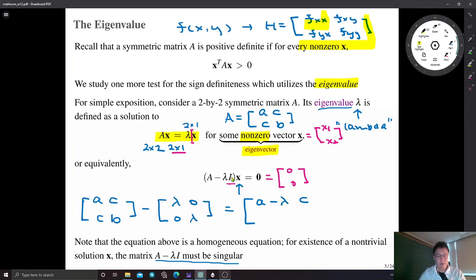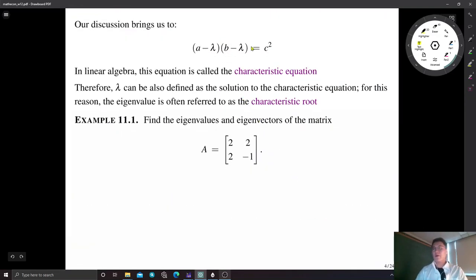In the second row, I have C and B minus lambda. To repeat, the determinant of this matrix should be equal to 0. So A minus lambda times B minus lambda minus C squared should be equal to 0. This brings me to the following quadratic equation in terms of lambda. I can solve this equation when A, B, C are given, to identify the eigenvalues.